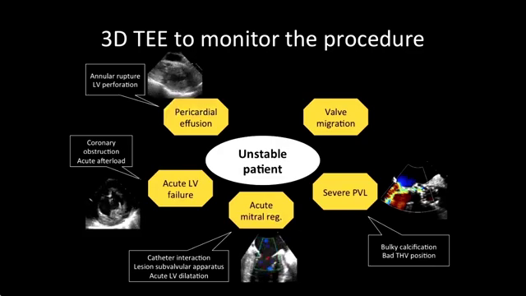In case of hemodynamic instability, having a TEE probe in place is of great value, as it can immediately assess the cause of instability and efficiently guide further management.